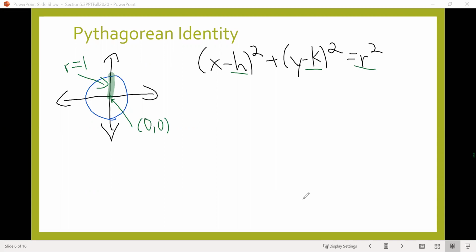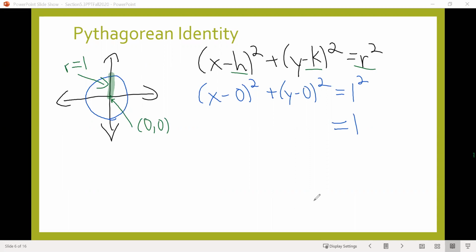And then we also know the value for r here is 1, so if we plug that information in, we'll have x minus 0 squared plus y minus 0 squared equals 1 squared. We know the 1 squared will give us 1.